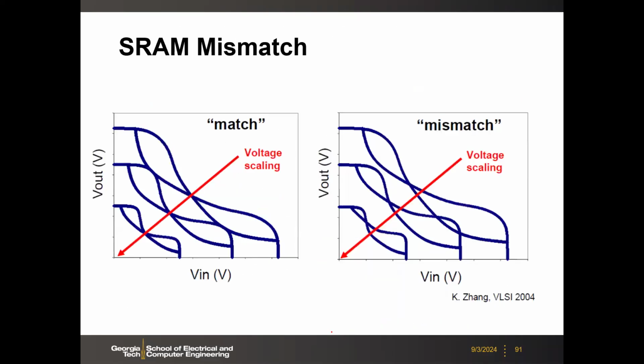So here, then the challenge is the SRAM mismatch due to process variation. We showed this butterfly curve before for the read condition. If you have mismatch, let's say the VTH of those transistors on the left branch and right branch do not match, then you will have this distorted butterfly curve, and your SNM will be the smaller one, right?